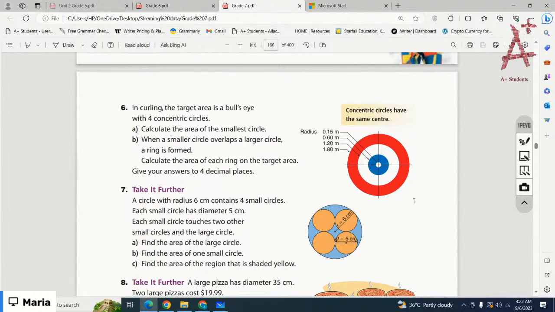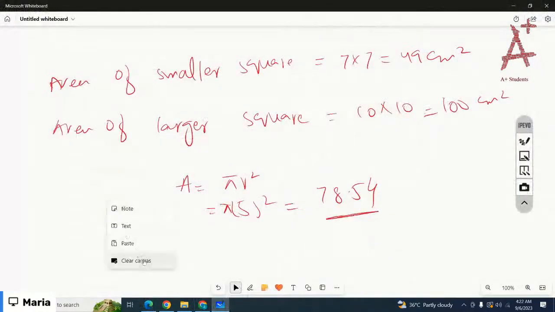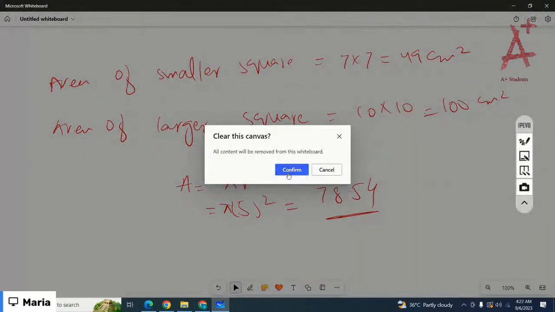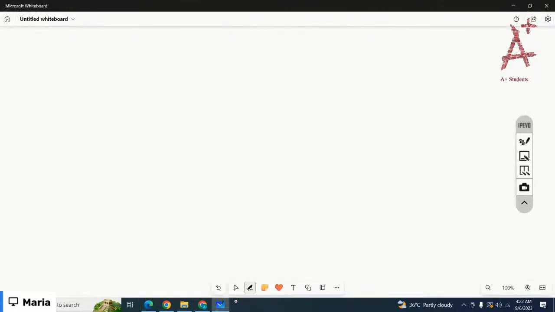So you have to calculate the area of the smallest circle. The smallest circle has the radius 0.15 meter. The area of the smallest one would be pi r square.